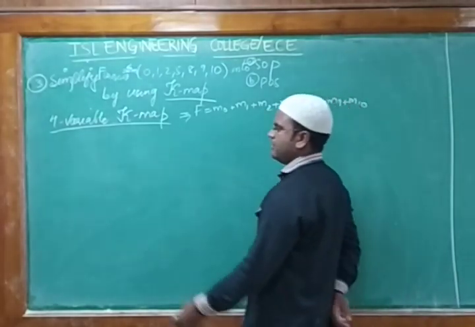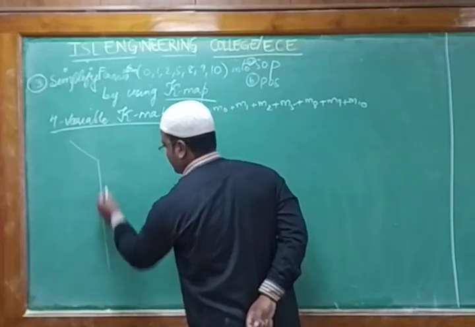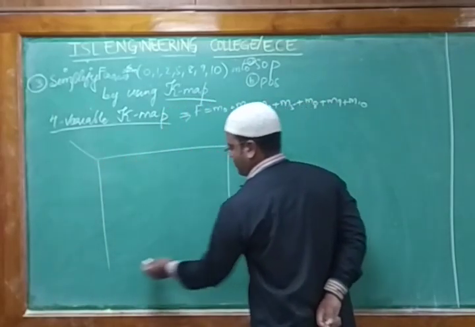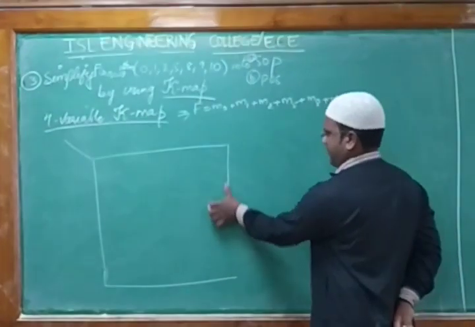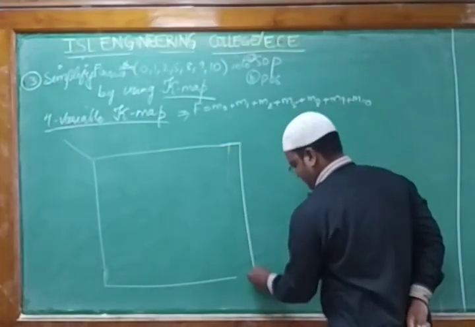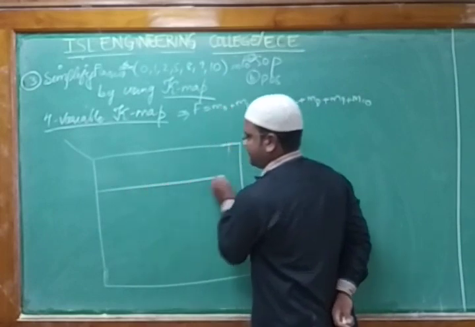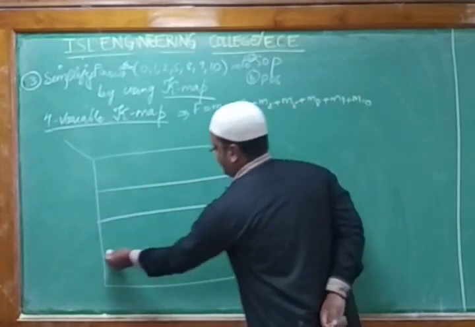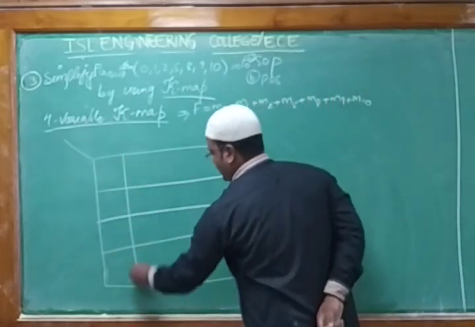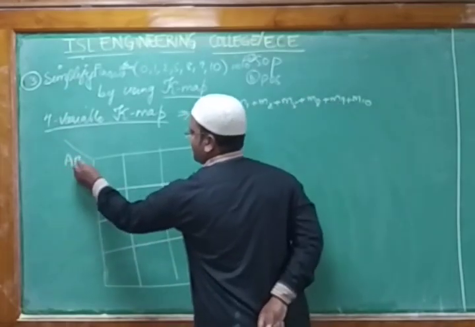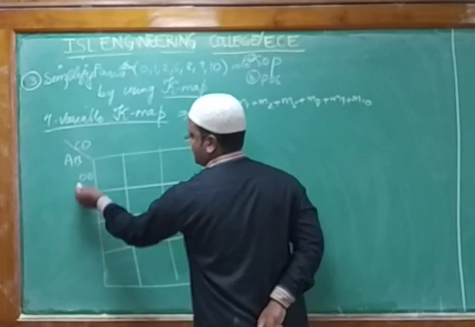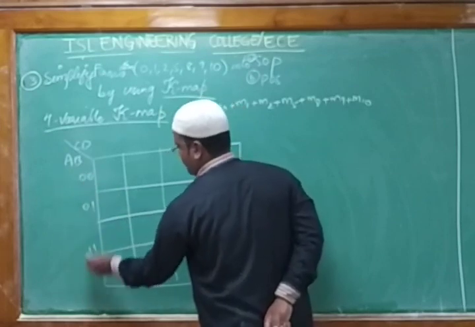Now we'll draw the K-map again. It's 4 variables, so we'll draw a 4 variable K-map, which means 4 columns and 4 rows. The first value is about AB, the second value is about CD. The first would be 0 0, 0 1, 1 1 and 1 0.